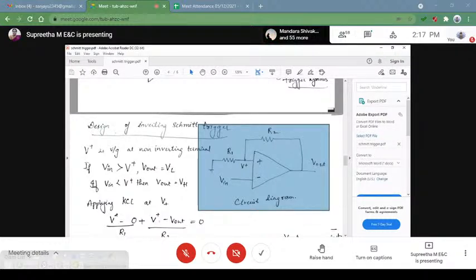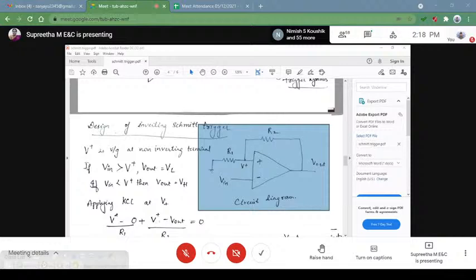So V1 is equal to R1 divided by R1 plus R2 into V out. What is V out here?